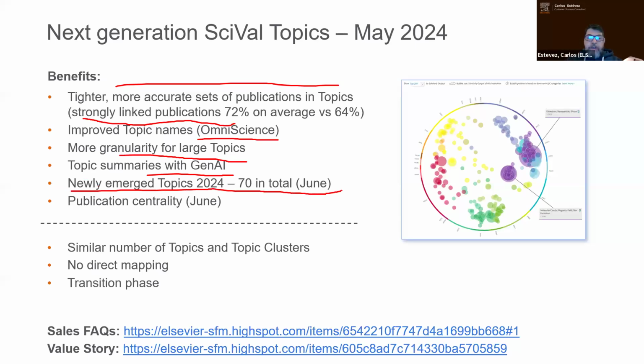This year, in June, we recalculated the topics and 70 total new topics appeared in the classification. And in June, we published the centrality of each of the topics. So you can see the more central documents just by clicking on them, and we have three layers of confidence or centrality of the documents on the topics.